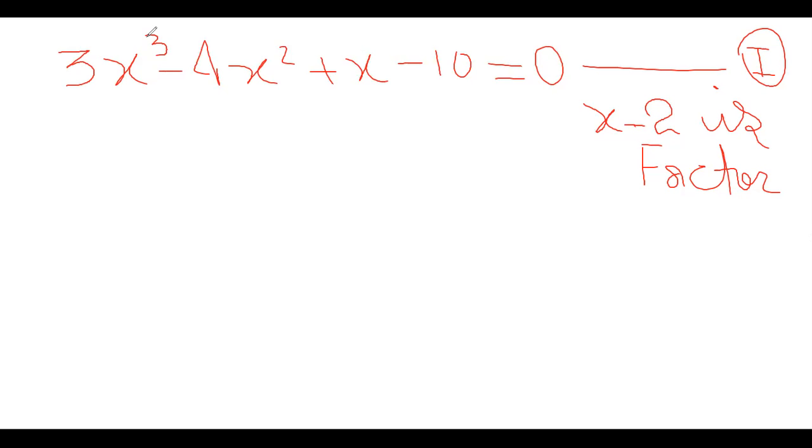The highest power here is 3, so it must have 3 solutions. It must have 3 values for x which will satisfy this equation. In other words, we have 3 roots, because the number of roots is equal to the degree.